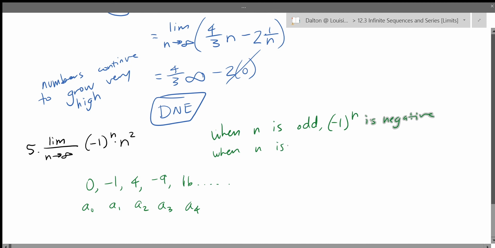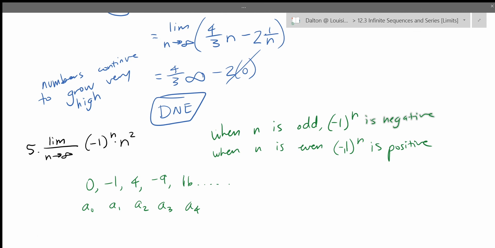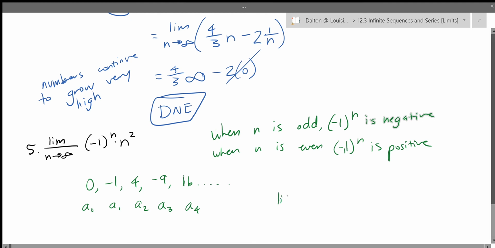When n is even, then -1 to the n power is positive. So it's in this case where you flip-flop from a negative number to a positive number that the limit cannot exist, which you just put DNE for does not exist.